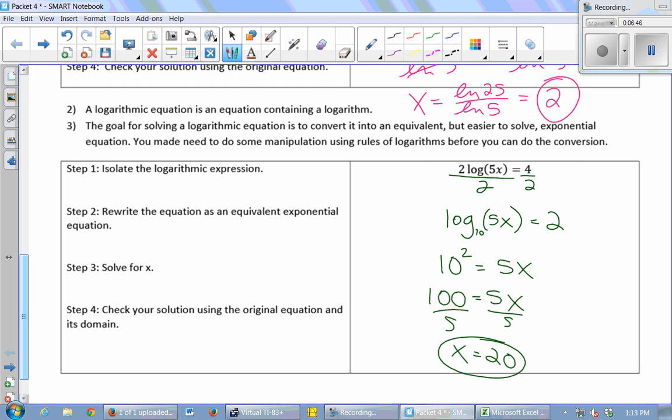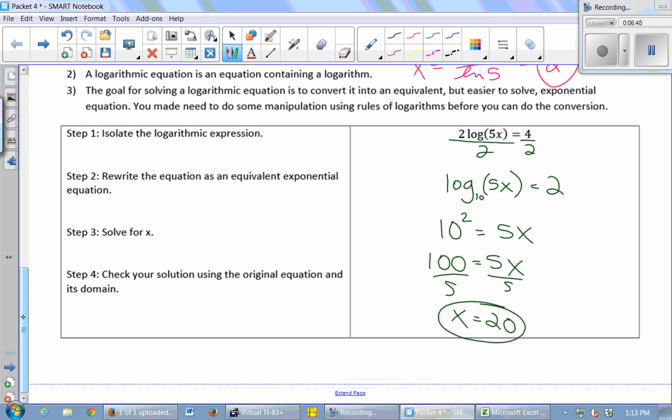We should go back and check our solutions. Check that 2 times the log of 5 times x, so putting in a 20 for x, we want to make sure that equals 4. So this says 2 times the log of 100. Log of 100 is 2.